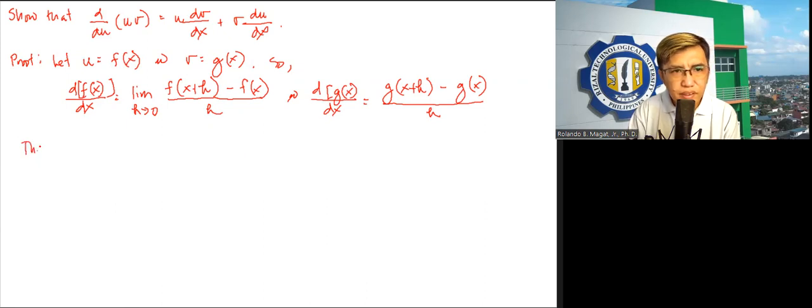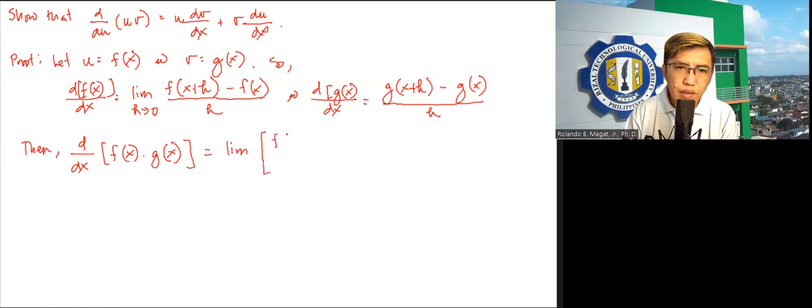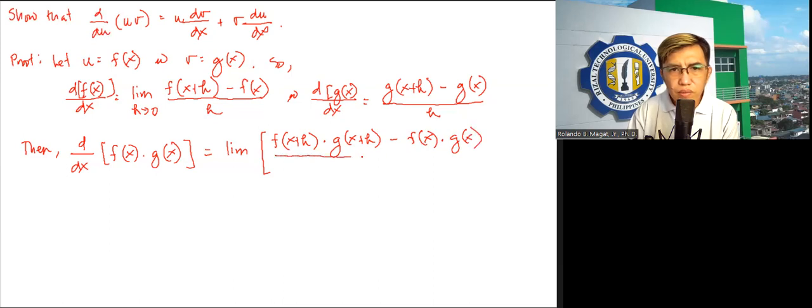Then, the derivative of f of x times g of x is equal to the limit of f of x plus h times g of x plus h minus f of x times g of x all over h as h approaches 0.